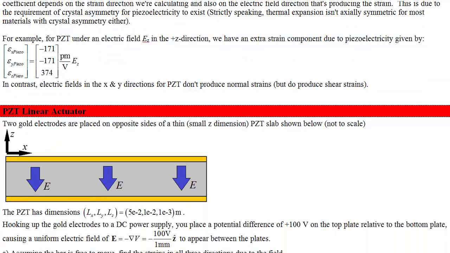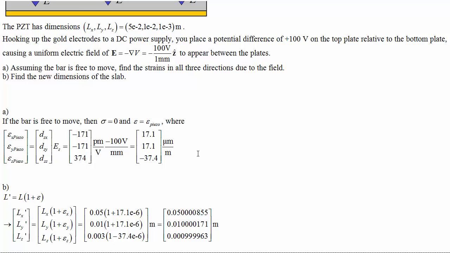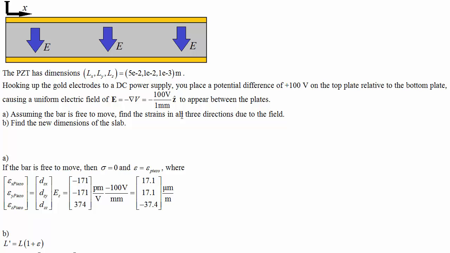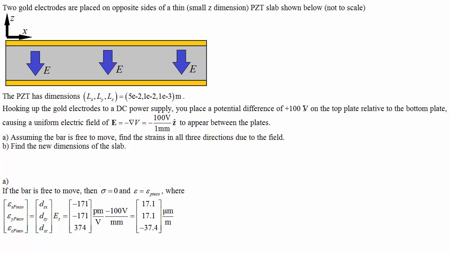Okay, well, all we have to do is substitute the field we found into this equation to get the strains. Ta-da! And to find the new dimensions, we just take the new length is the original length times 1 plus the strain, as before. Not so bad. Okay, well, let's have a look at these numbers here. 100 volts over a millimeter sounds like a fairly decent voltage, yeah?